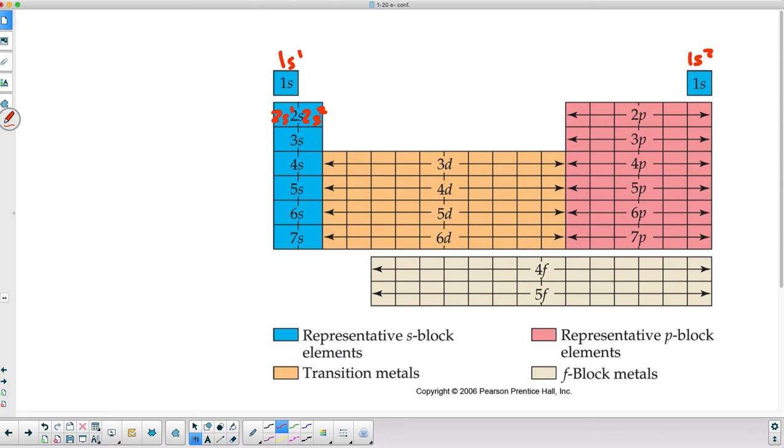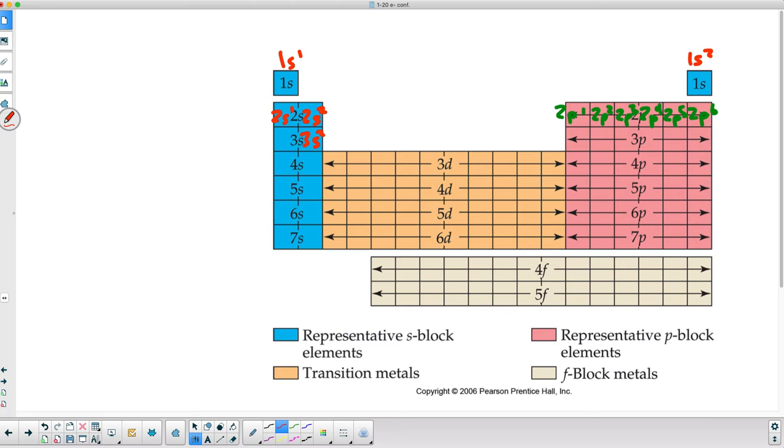Here would be 2p. The 2p was in green. So that means this would be 2p1, 2p2, 2p3, 2p4. I hope you're seeing how the pattern works here, 2p5. And then finally, the noble gas here of neon would be 2p6. Okay, so 2p6 if we go all the way across. Then I go to red would be 3s2 here, that's magnesium.